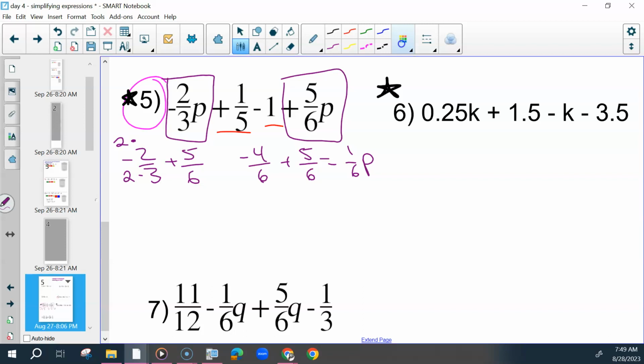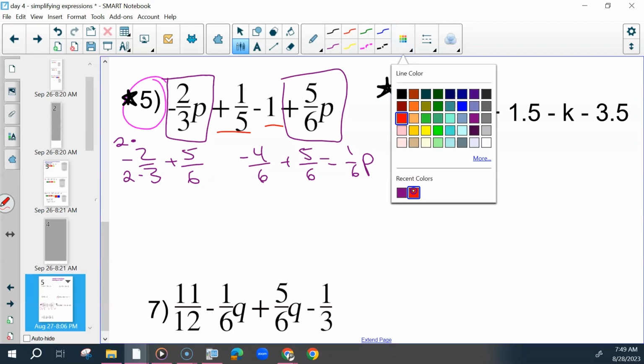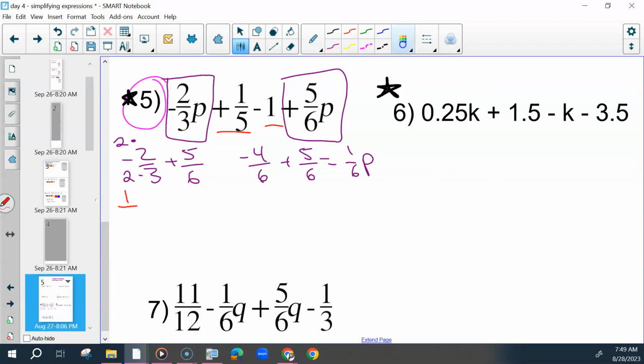And then we're going to do the same thing to the 1/5 and the -1. So all of your whole numbers are always in a fraction form. They're always over 1. It's invisible. We don't usually see it.